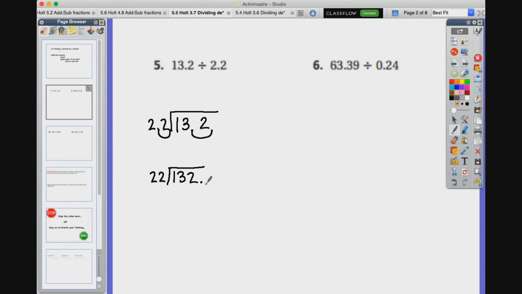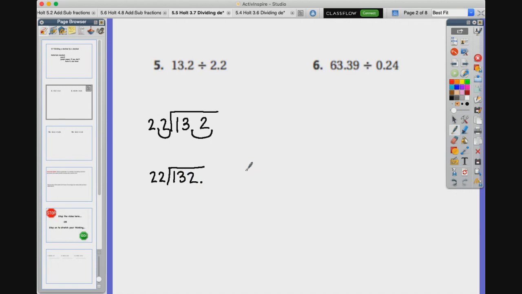So what I'm going to do is use some of my math knowledge, and say 22 is pretty close to 20, and 132 is pretty close to 120, because I know that 20 can go into 120, and that happens to go in 6 times.